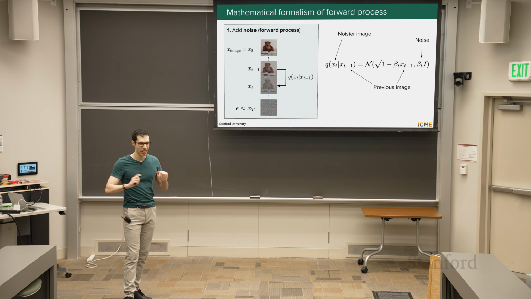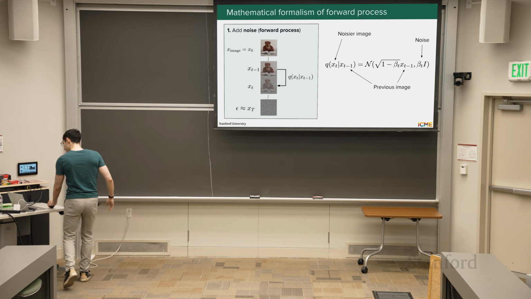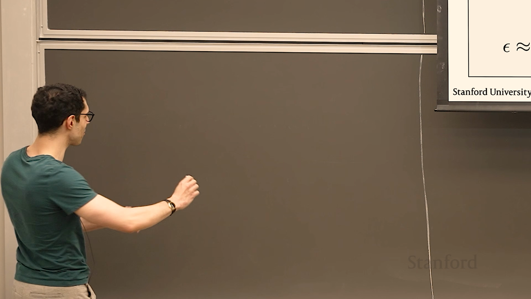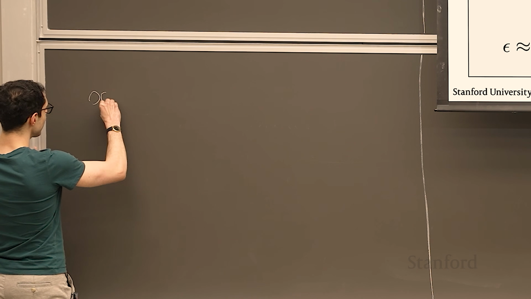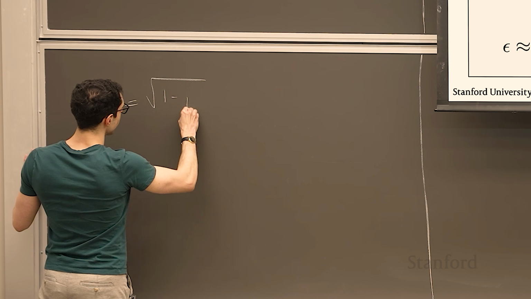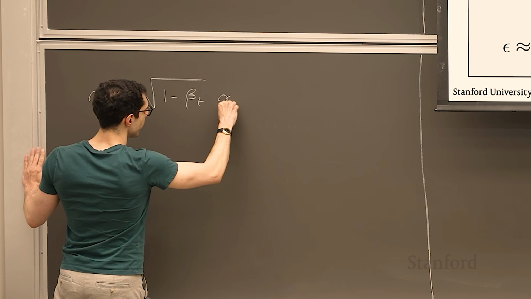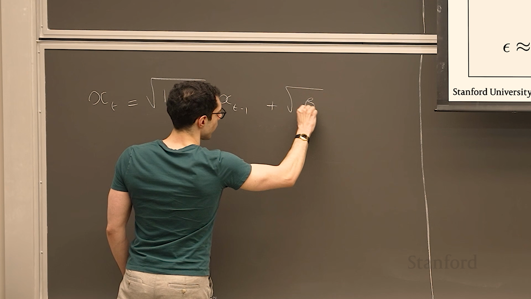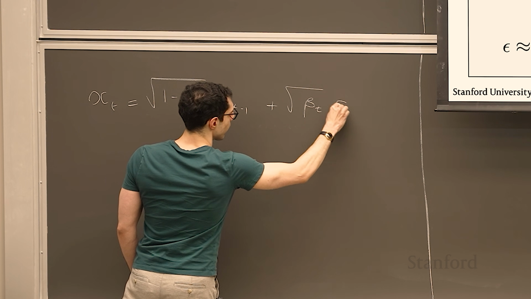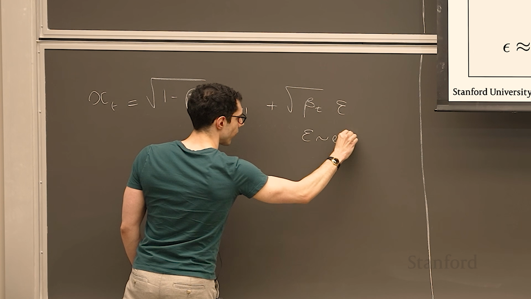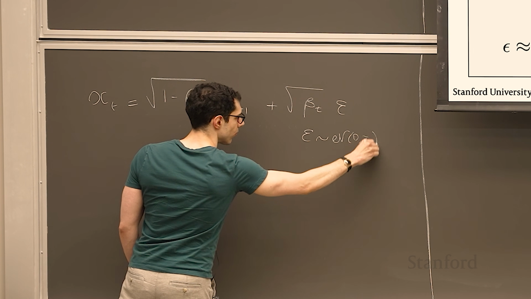So what that means, I'm just going to rewrite this: xt is equal to the square root of 1 minus beta times xt minus 1, plus the square root of beta times some noise epsilon.